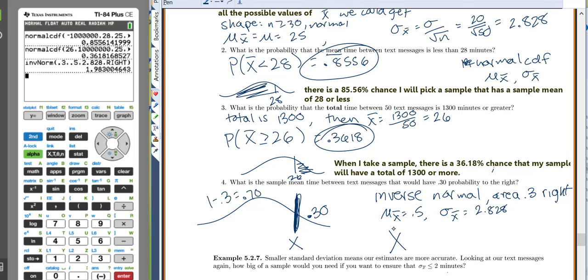So x bar, since that's what we're talking about is averages, is 1.983. So of all of the possible sample means that we could pick, about 30% of them will be higher than 1.98.